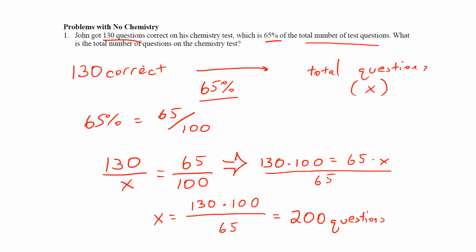Another thing you can check is, does this make sense? There were 200 total questions. He got 130 correct. Okay, that makes sense, right? 130 out of 200. What if I had gotten, instead of 200 questions, 20 questions? Well, if there are only 20 questions on the test, you can't get 130 right. So the answer we got makes sense.